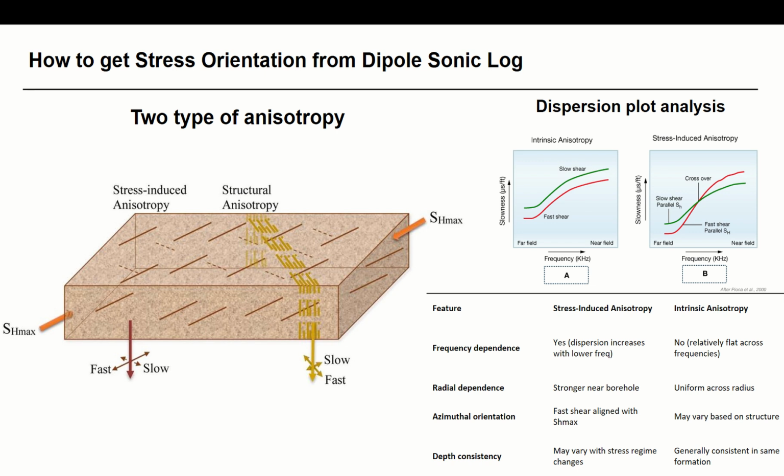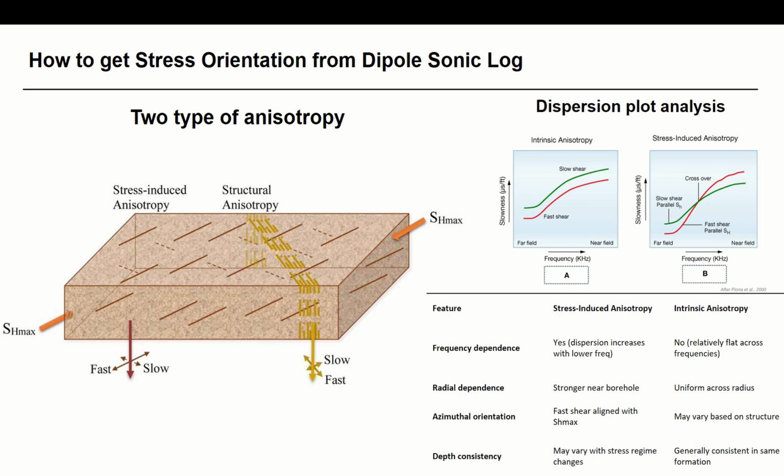But if the anisotropy is intrinsic, it is relatively unrelated to frequency, and it is based only on structure, so there is no stress contrast within the wellbore. So the orientation of the stress cannot be inferred from an intrinsic anisotropy.